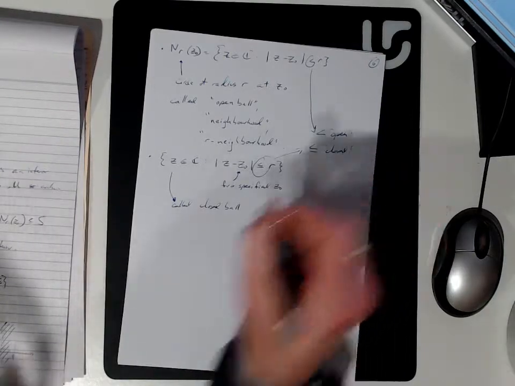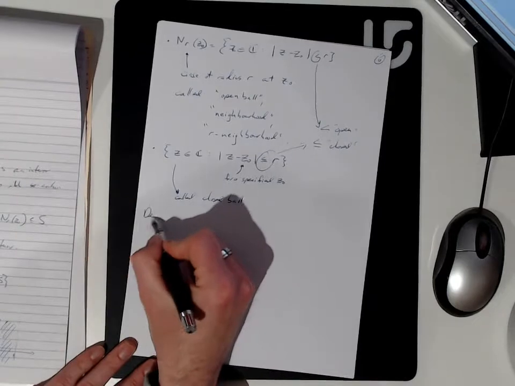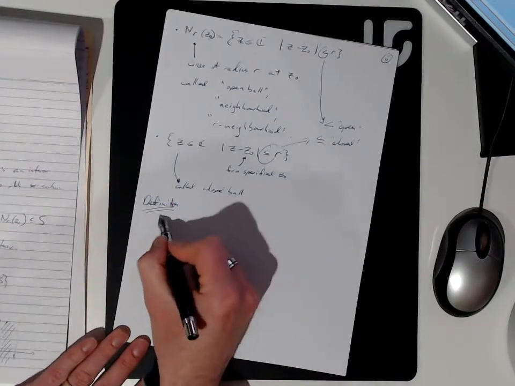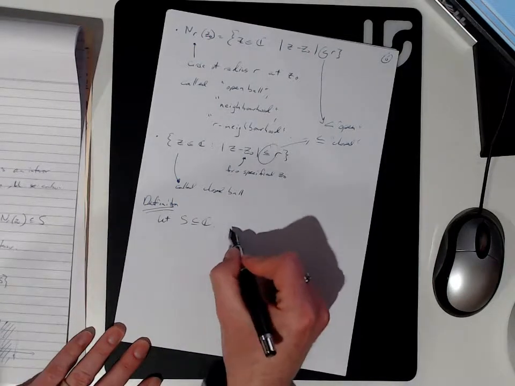Now these things actually have proper definitions, so let me give you the proper definitions. Let S be a subset of the complex numbers.